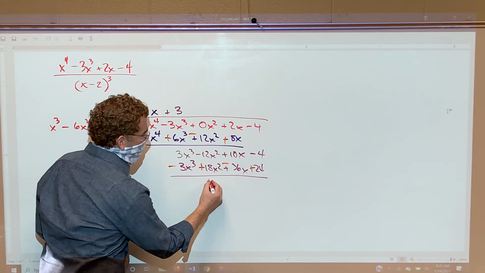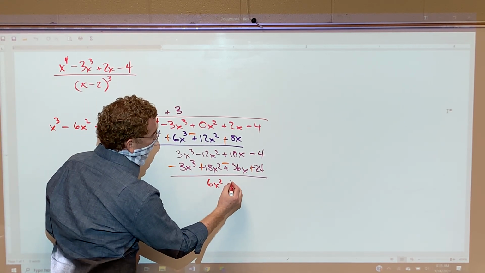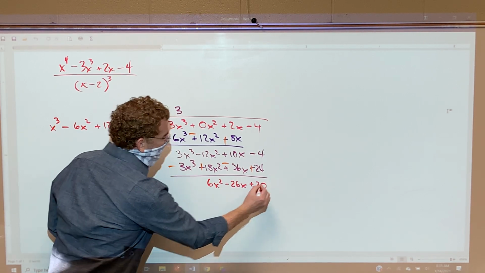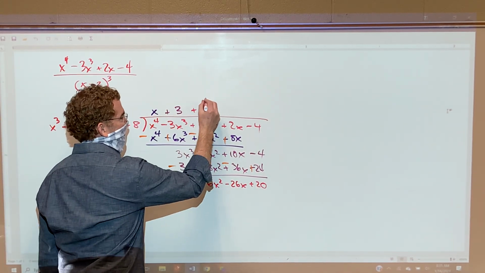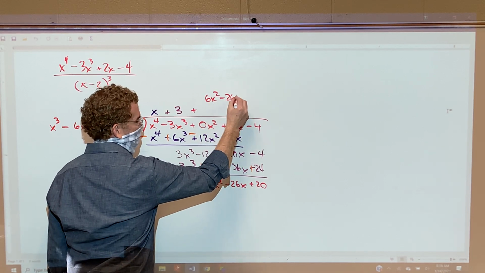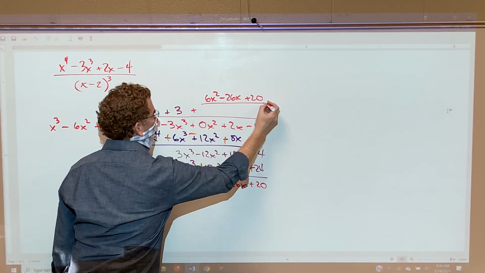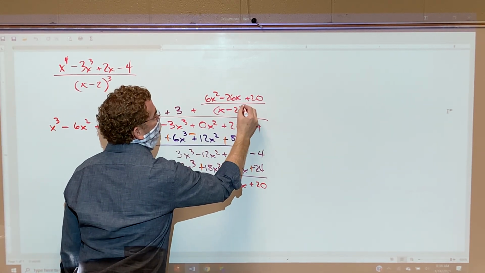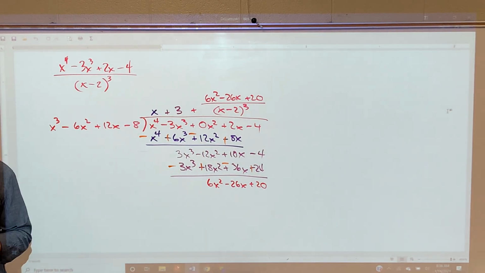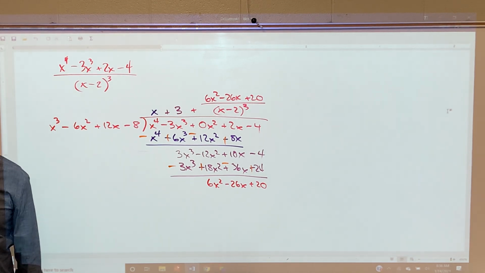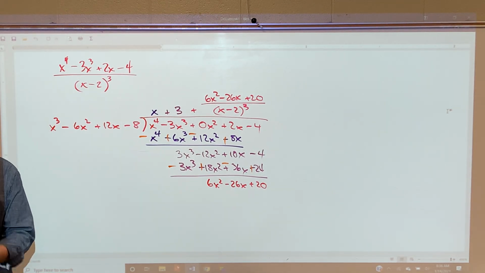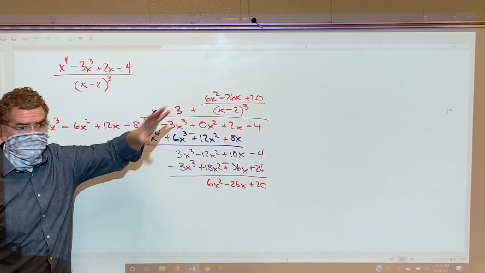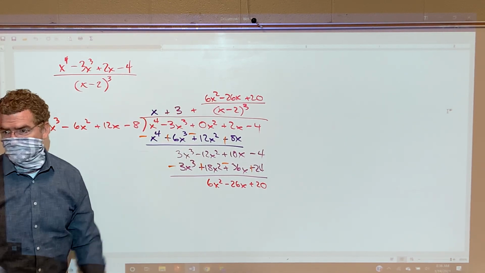And this 6x squared minus 26x plus 20, I'm going to place that over my divisor, which is x minus 2 cubed. And I have done half the process. Now I've got to do what? Break down this. But when you're done, don't forget the x plus the 3.